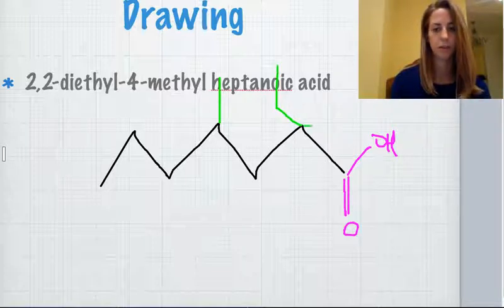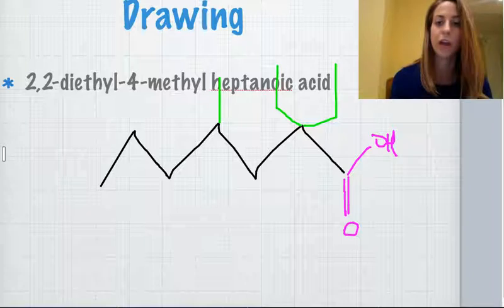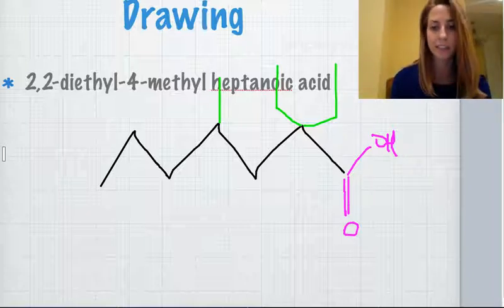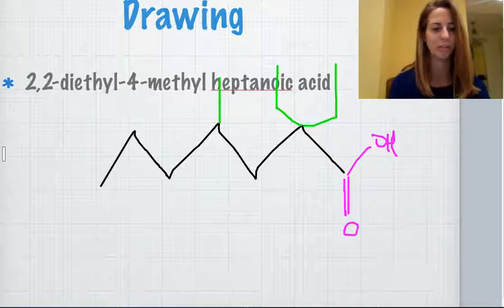And just draw them like this. These lines represent, for every point and every edge we have right here, a CH2 and a CH3. Again, a CH2, a CH3. I apologize for my poor skeletal structure, because these nifty tools won't let me draw pretty pictures.